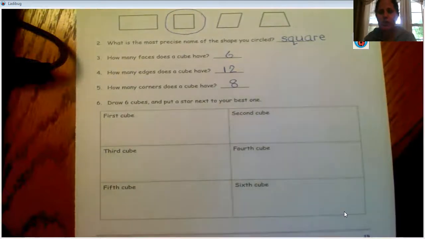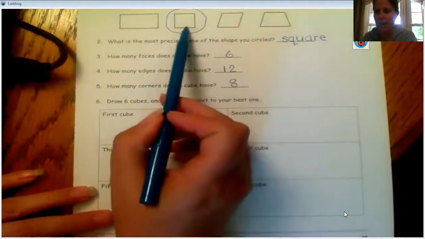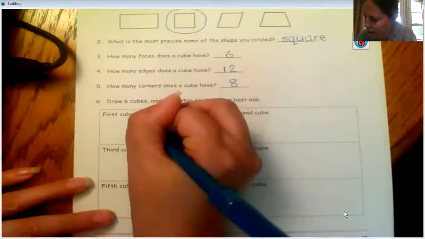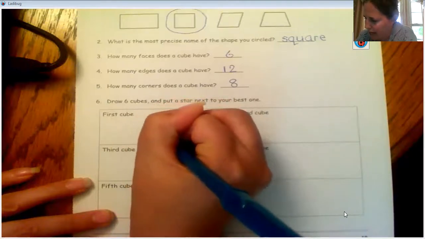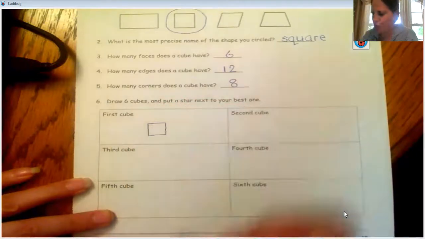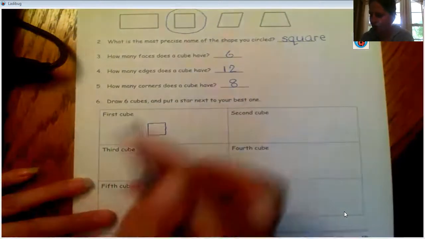So I'm going to teach you a pretty simple way to draw a cube. So because a cube has a face in the shape of a square, what I do is start by making a square. And I just try the best I can to make it where all 4 sides are about the same length.